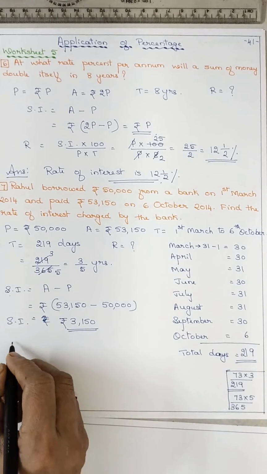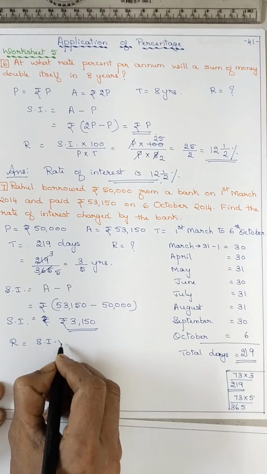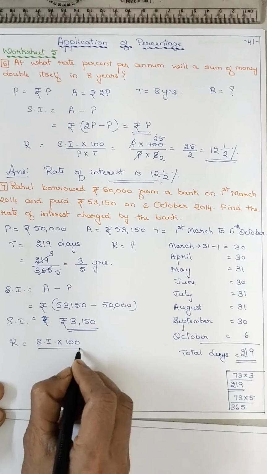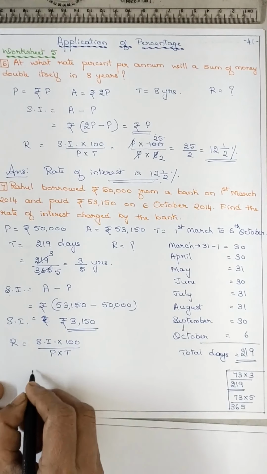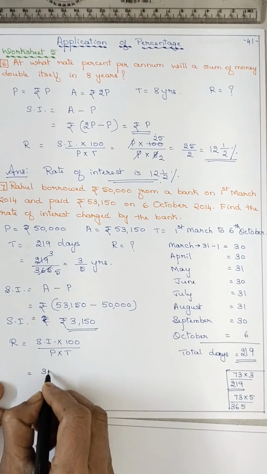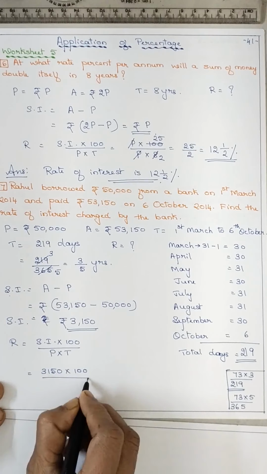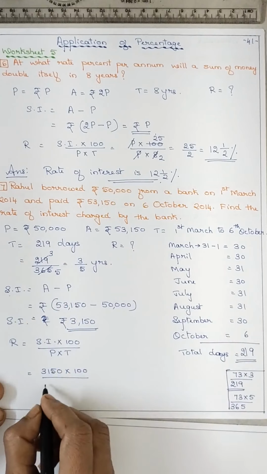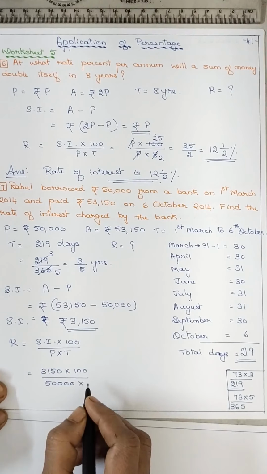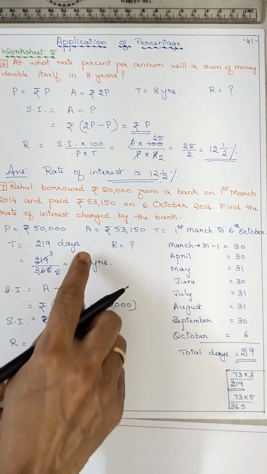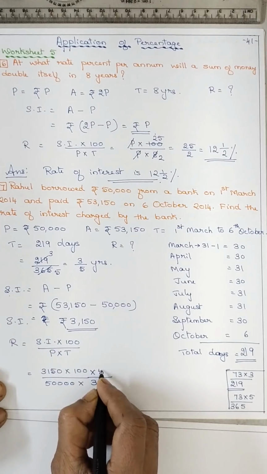Now find out R. What is the formula? SI into 100 upon P into T. It is 3150 into 100 upon P, which is 50,000, into time, which is 3 by 5. 3, 5 to the numerator.